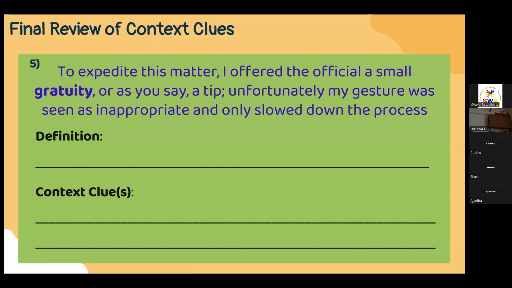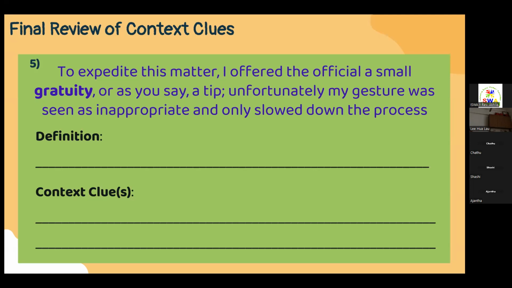How do you guess the meaning? Gratuity means a tip. The sentence says, as you say. It's quite obvious. Okay, thanks, Bhumi.